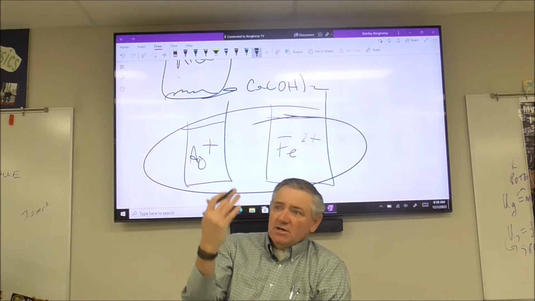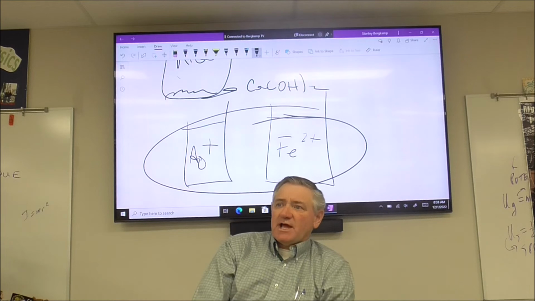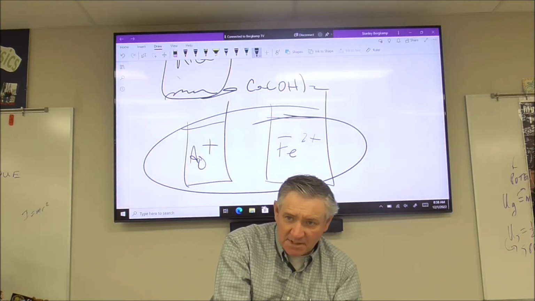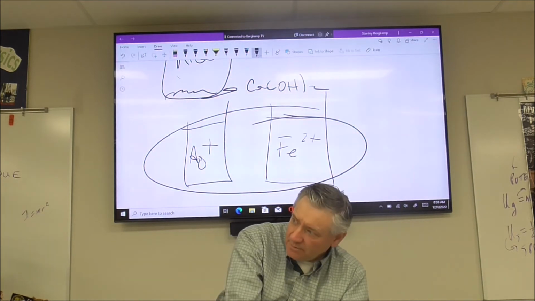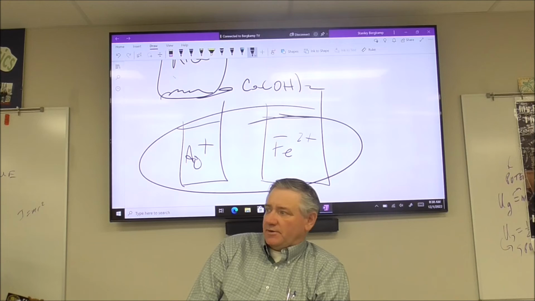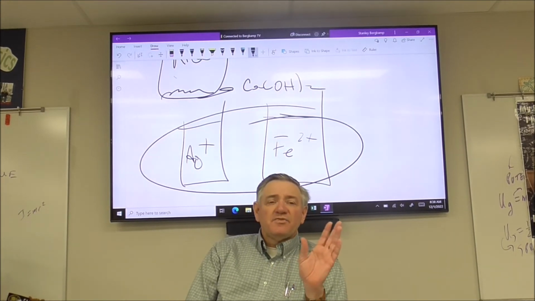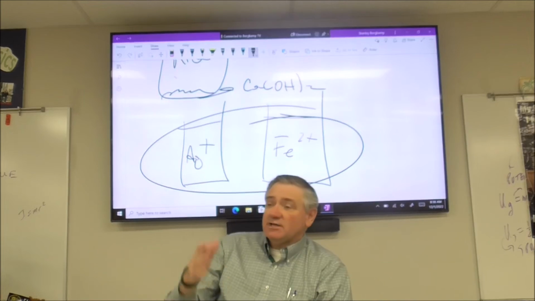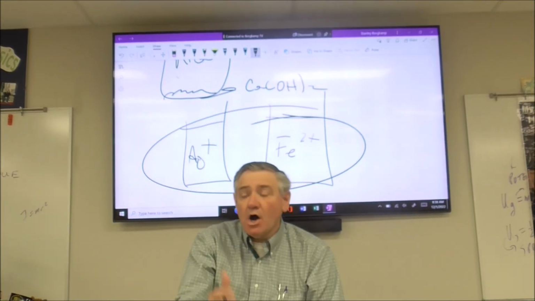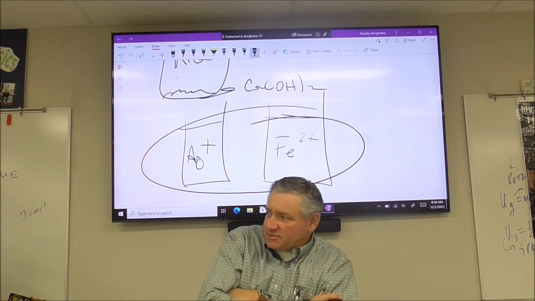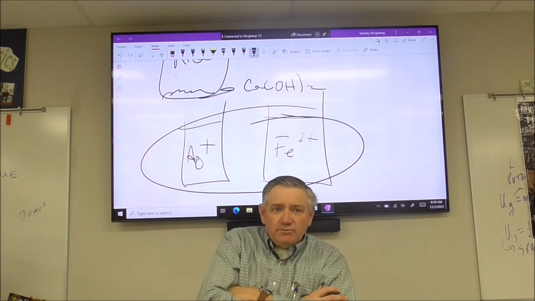All right. So you can say, I'm going to add hydrochloric acid to both test tubes. The one that forms a precipitate will be the silver ion. The one that doesn't form a precipitate is going to be the iron. When you're asked to describe a procedure, just don't say, I'm going to add hydrochloric acid. That's not a procedure, that doesn't tell you anything.